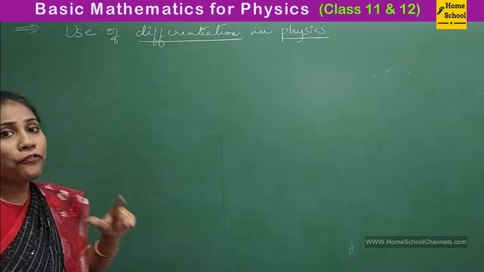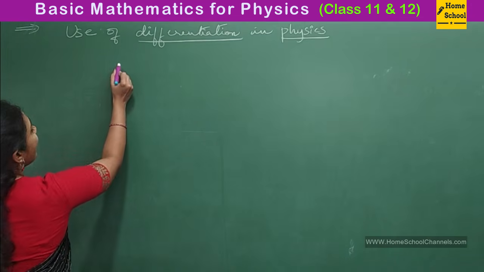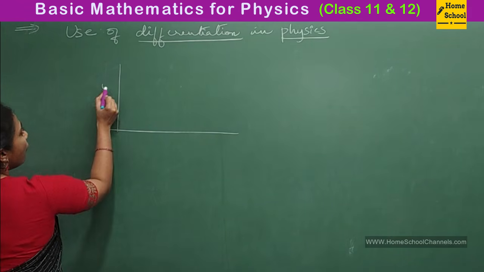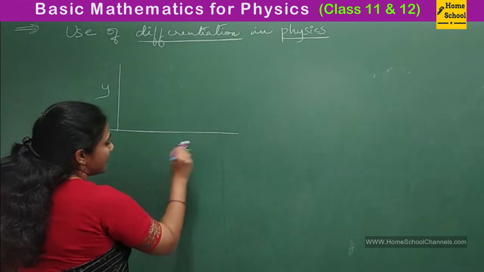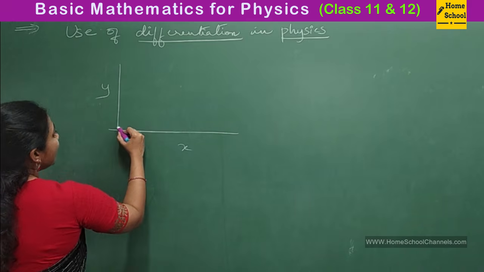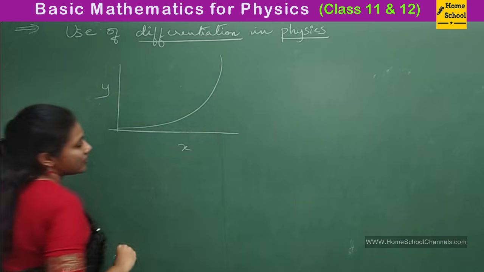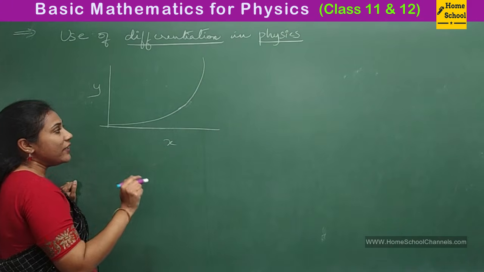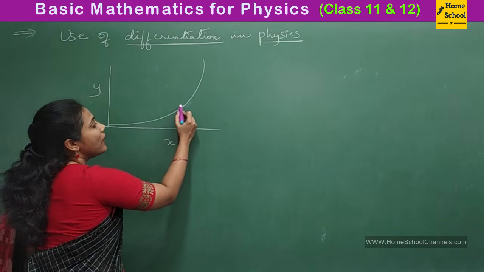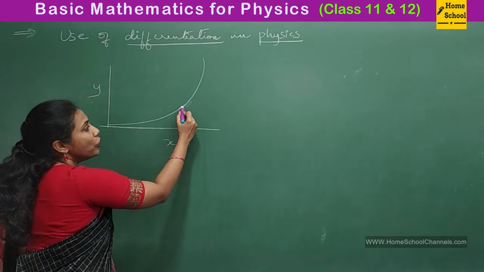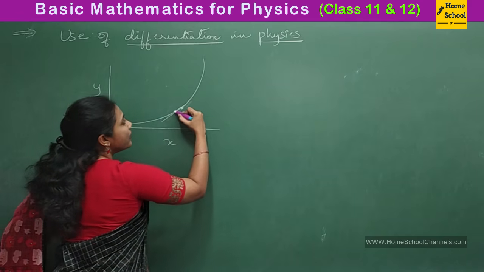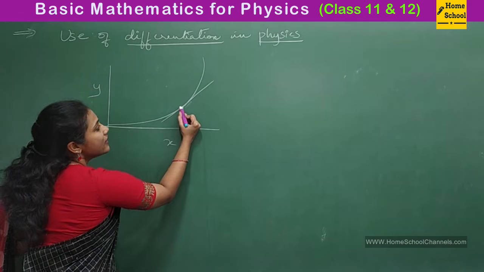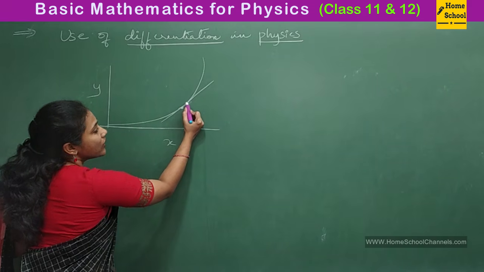For that, just observe this particular plot where I have a graph of y versus x. Imagine I got a curve something like this, right? So I didn't get a straight line, I got a curve like this. When we have to find a slope at a particular point, we draw a tangent, isn't it? So let me consider these are 2 points of a curve.